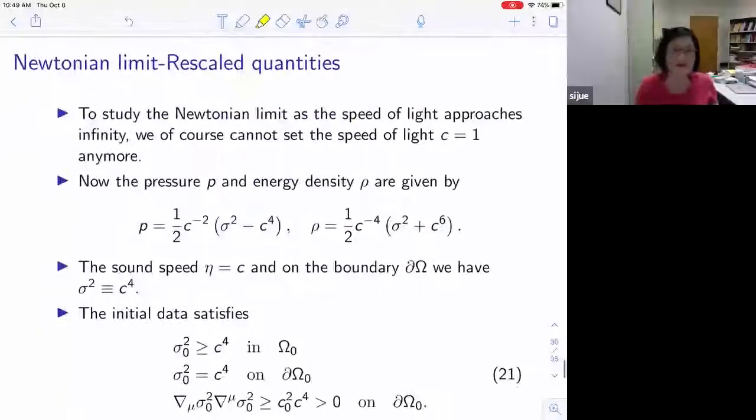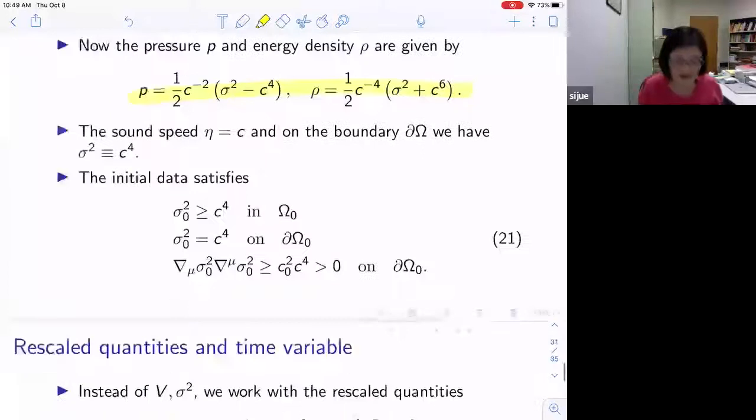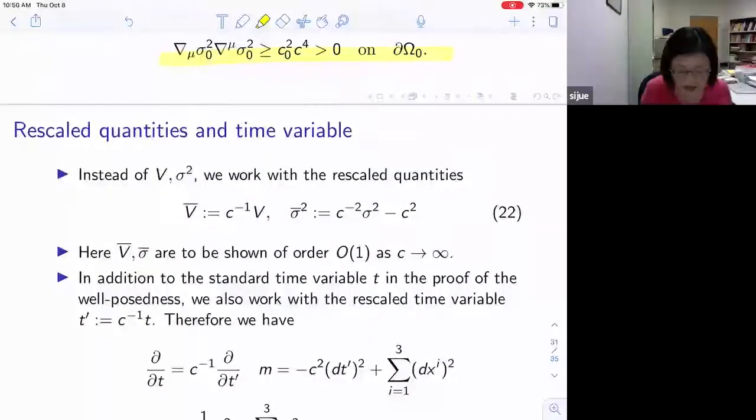We also have the Newtonian limit. To study the Newtonian limit, we have to introduce the speed of light: not c equal to 1, but a general c, so everything is put back. We put c back into the equation, and that's the equation we deal with. We look at the rescaled quantity and show that it is uniformly bounded with respect to c, so it has an a priori estimate independent of the speed of light and we can pass to the limit.